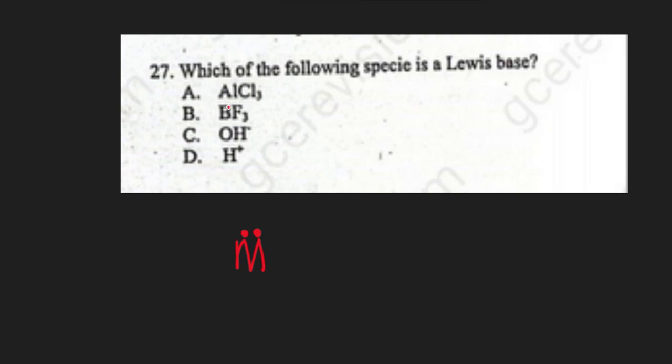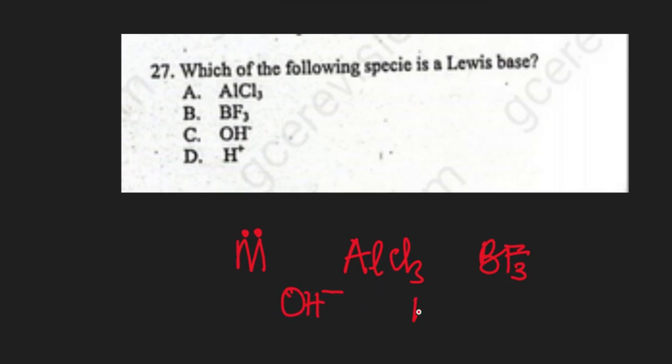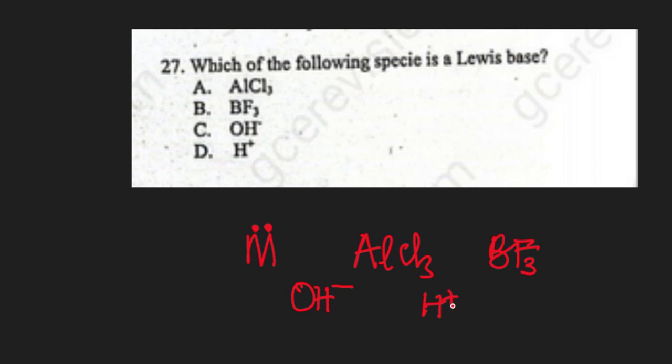So when we look at these structures, we look at aluminium chloride, we look at boron trifluoride, we look at the OH minus, and we look at the hydrogen ion. If we draw out the dot and cross diagrams for these molecules, we are going to realize that we have something like this.